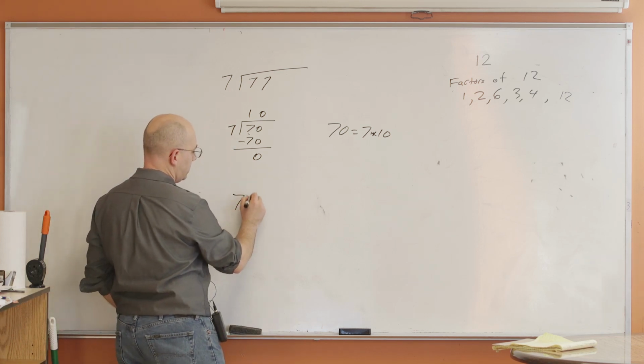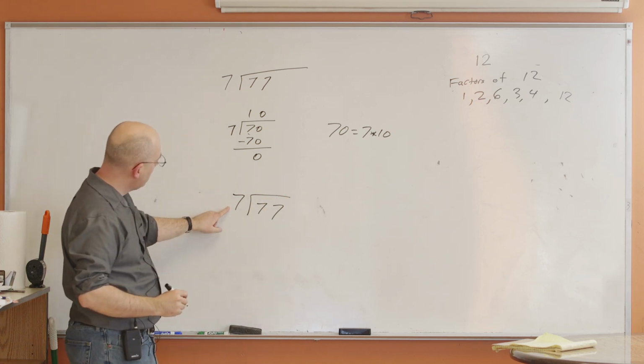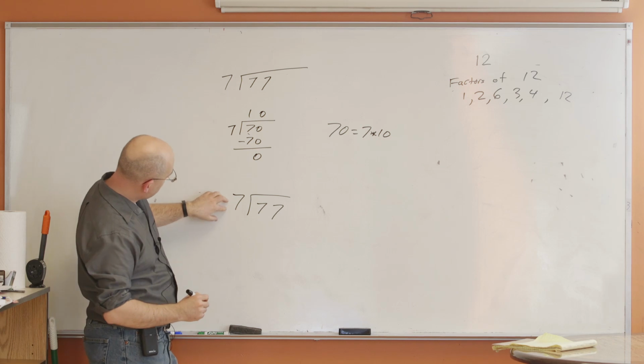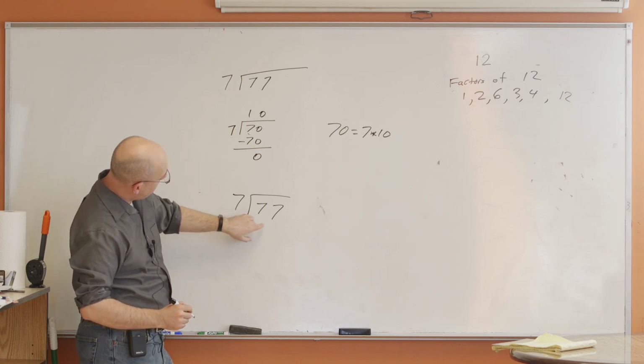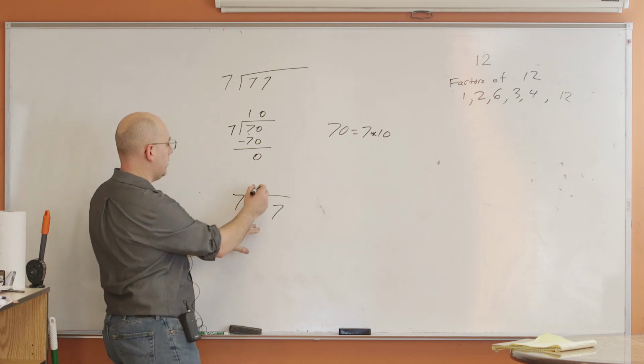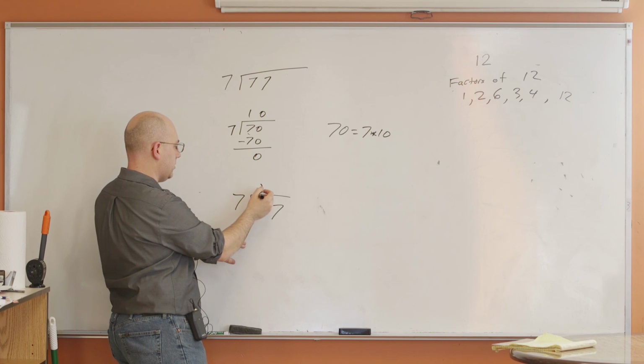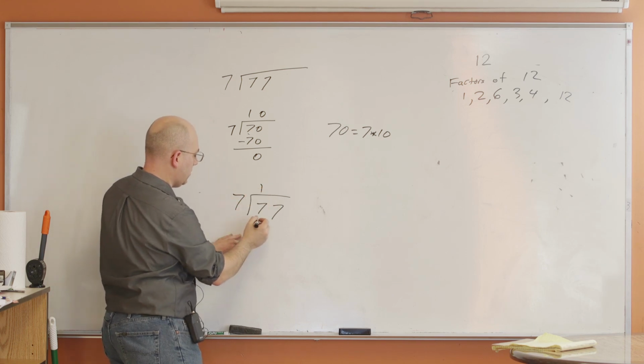Now, when doing 7 into 77, I take that 7 and I say, okay, I have 70. Ignore the 7 for a moment, and I write a 1. And again, this is in the tens place, so I do 1 times 7, and it's the tens.